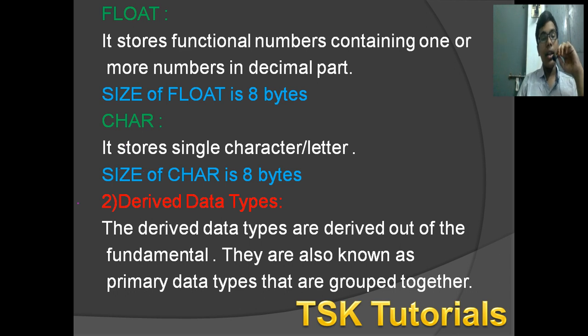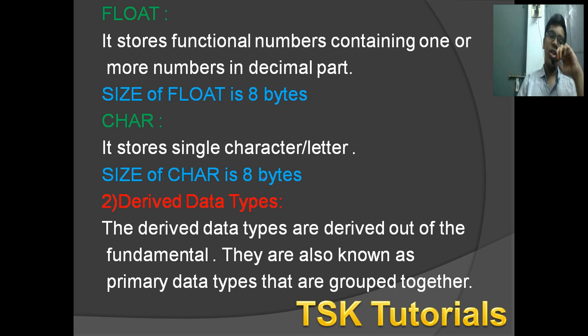It is given in the single quotes, and the size of that character is 8 bytes. This is also used to refer the type of data that is stored in a variable, and it also needs some memory, that is 8 bytes. This is how our first classification of data types is completed.